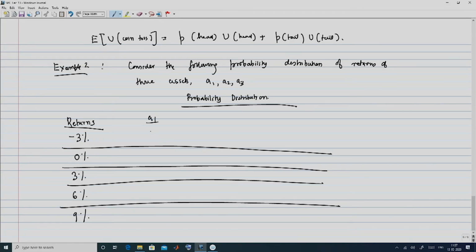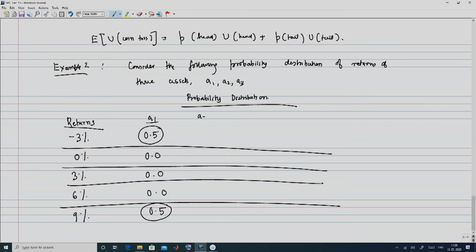So, for asset A1, we see that we assign a probability of 0.5 to the return of minus 3%, probability of 0 to 0%, probability of 0 to 3%, probability of 0 to 6% and the probability of 0.5 to 9%. So, this means that the returns can be minus 3% with probability 0.5 or 9% with probability 0.5.